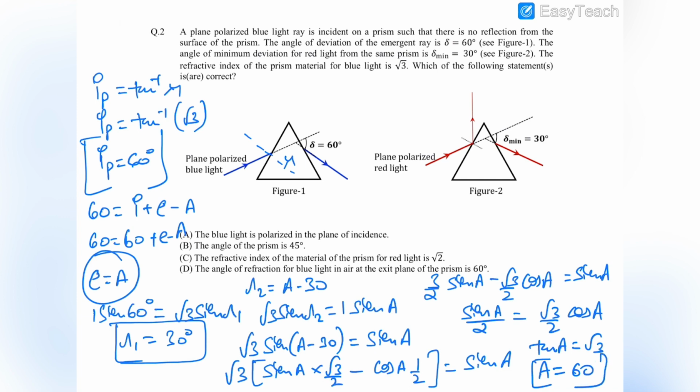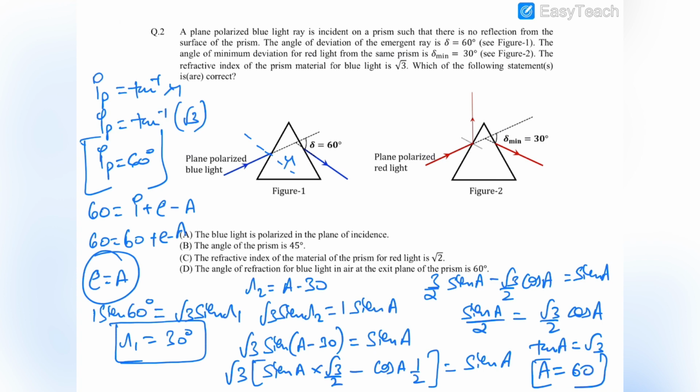Okay, now the first option is the fact that blue light is polarized in the plane of incidence. We know that if the light is incident at Brewster angle, then all the vibrations which are parallel to the plane of incidence are reflected back.